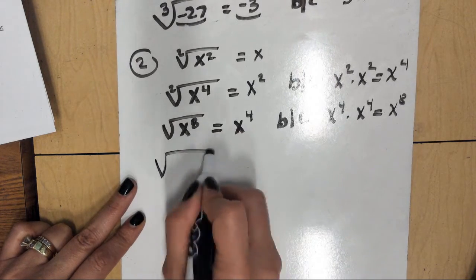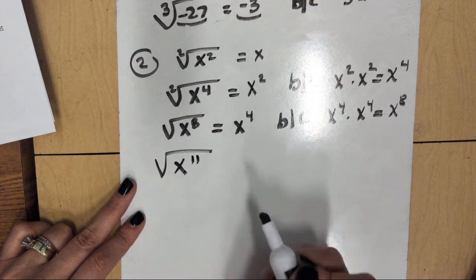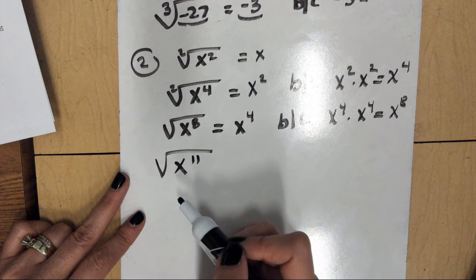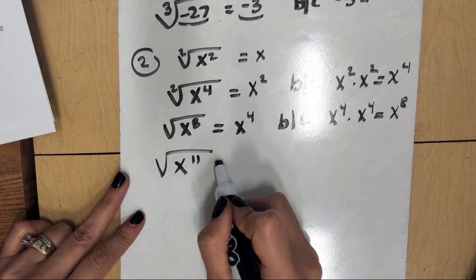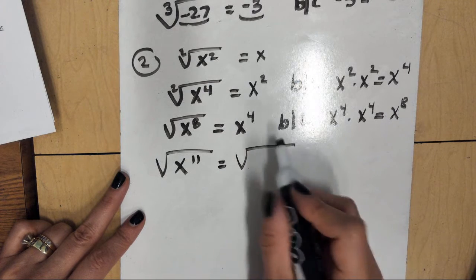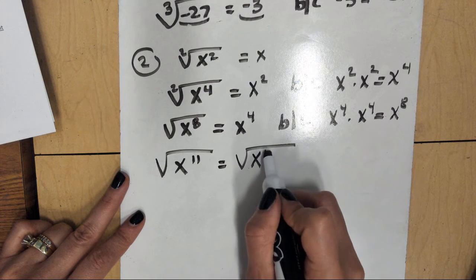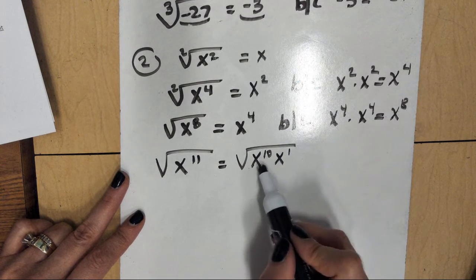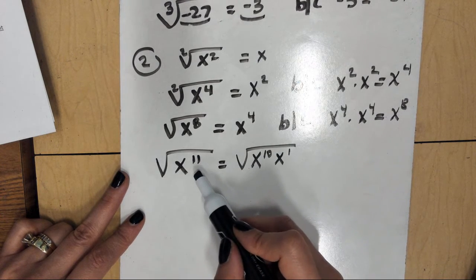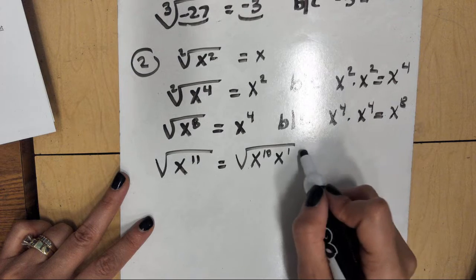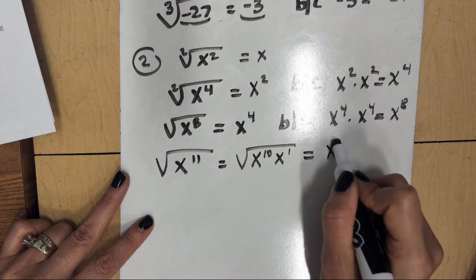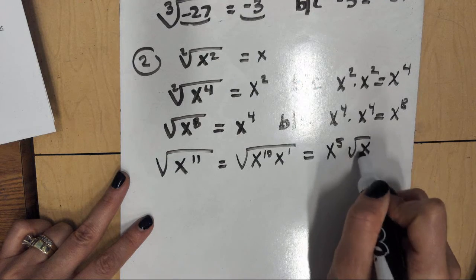So what if I had x to the 11th? Well, 11 doesn't divide by 2 evenly, so I can rewrite this using an even exponent. I'll say x to the 10th times x to the 1, which gives me x to the 11th. Therefore, x to the 10th is even, so half of 10 is 5, and I'm left with x under the radical.